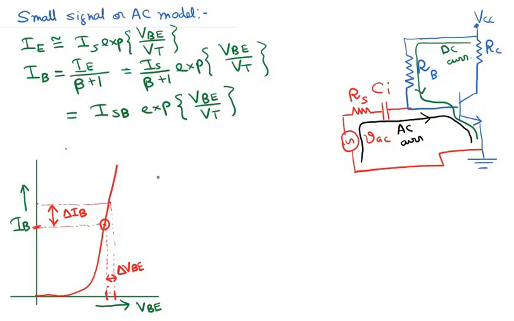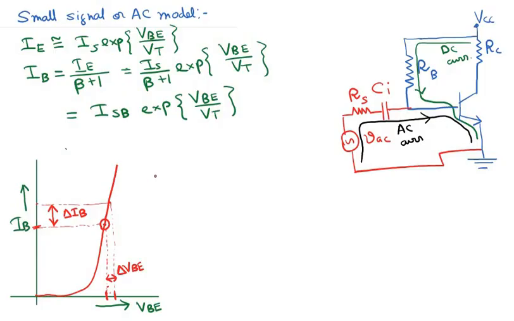So this slope of the IB versus VBE curve at this region is important. So this slope relates delta VBE to delta IB.